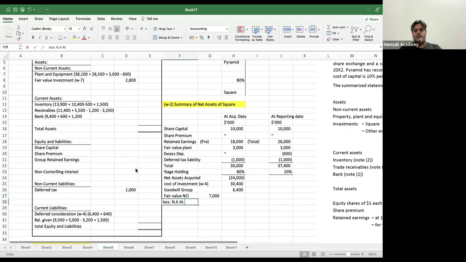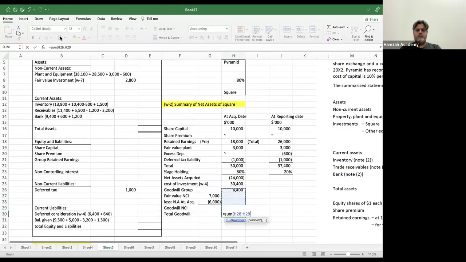Less net assets acquisition, 6,000. Goodwill NCI, 1,000. Total goodwill, 7,400.